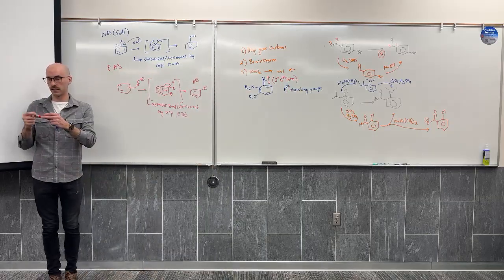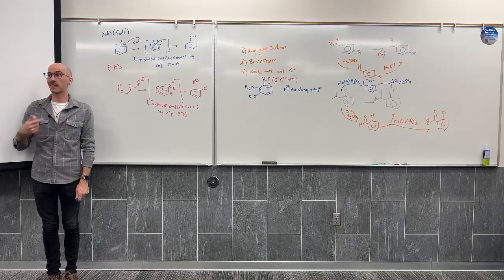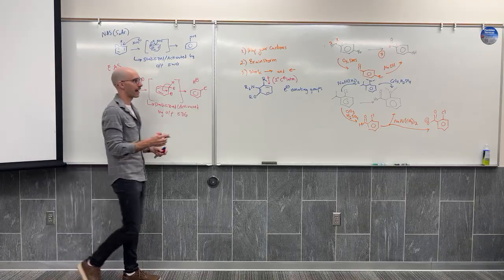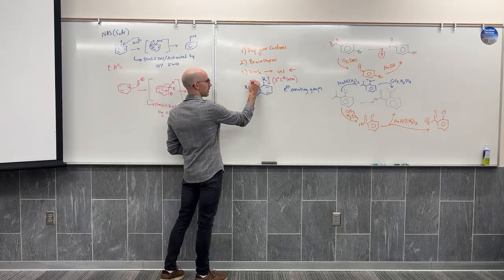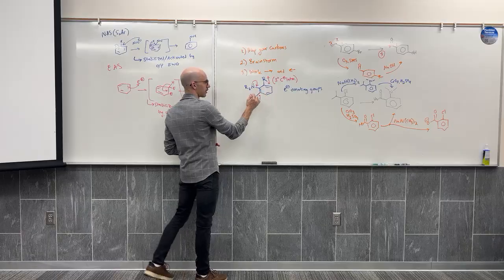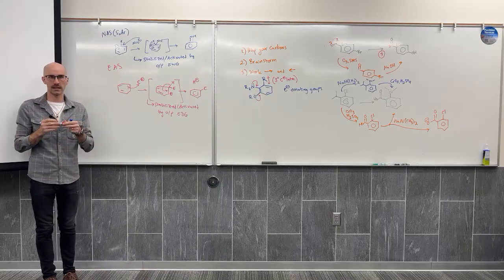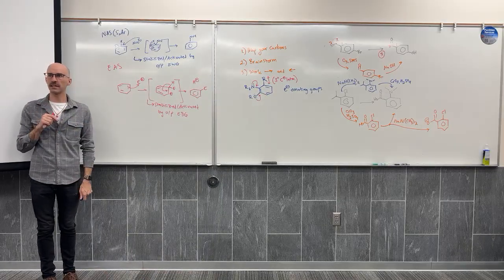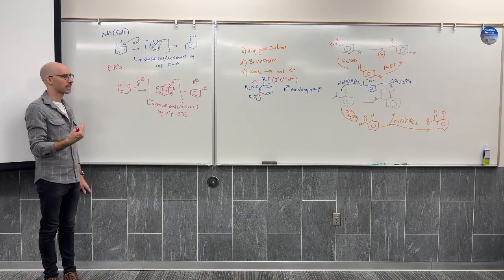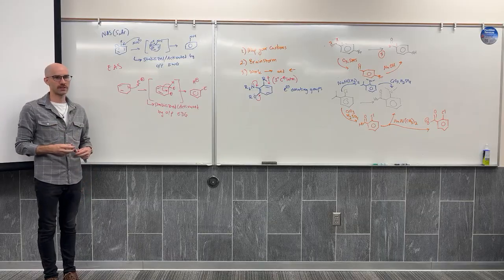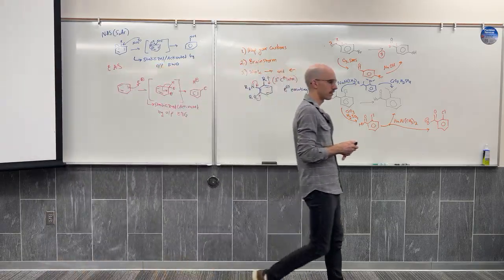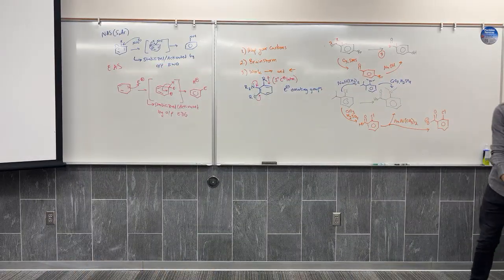That's a stabilizing part to resonance, is having a more substituted carbocation. Whereas nitrogen groups have a lone pair that can be donated in, and oxygen groups have a lone pair that can be donated in. So alkyl groups are considered weak electron donators. Oxygen and nitrogen are strong electron donators. And I want you guys to think about what is the strongest electron donating group.